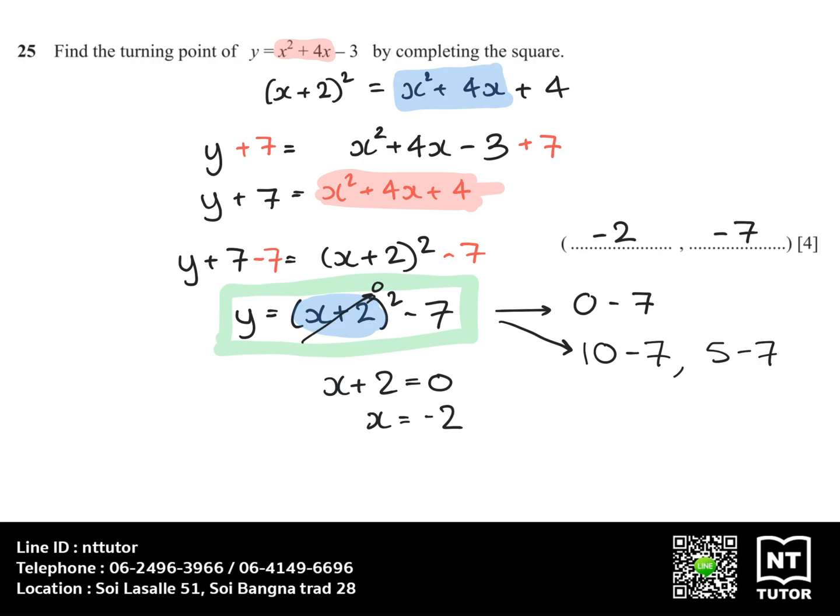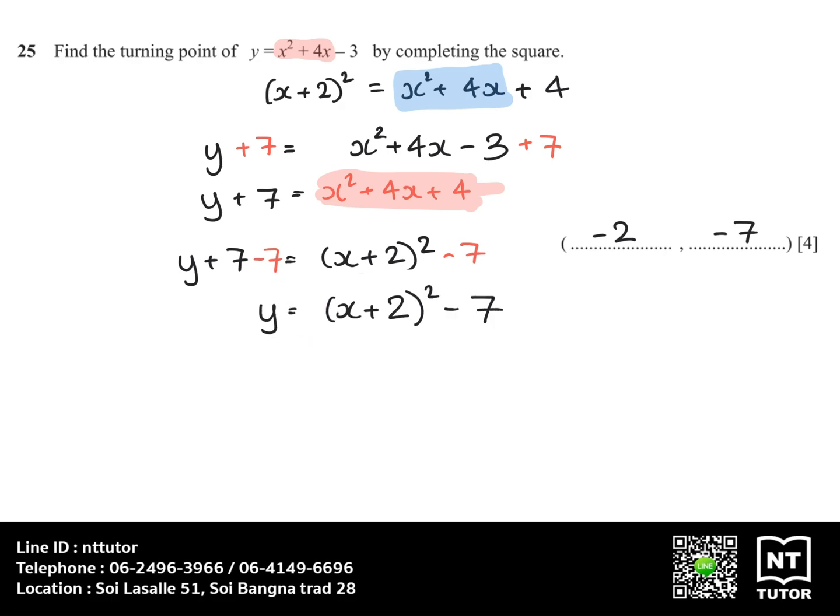So the turning point, or the minimum point of the graph, is at minus 2, minus 7. You can also remember it as after you complete the square, the x value is the opposite of the sign here. So if we have an x plus 2, that means x equals minus 2, and our y value is just here.